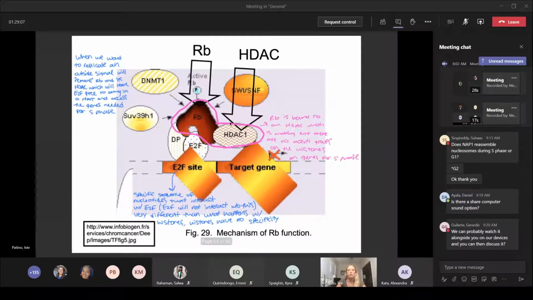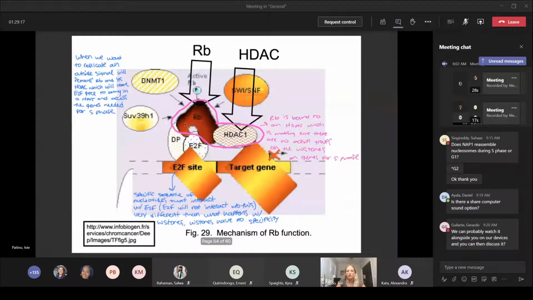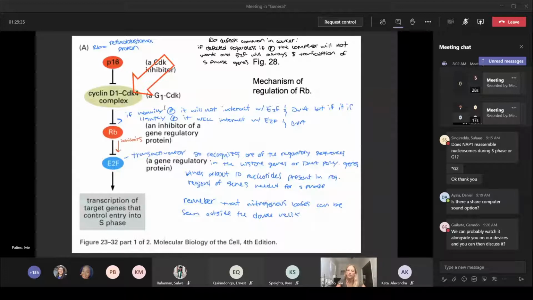So if we want to replicate and make new daughter cells, then we will heavily phosphorylate this RB, so it's not able to inhibit this E2F, and that means E2F will be free to bring in a HAT and leave those genes open. So if RB is heavily phosphorylated, it will not interact. Lightly phosphorylated, it will interact.